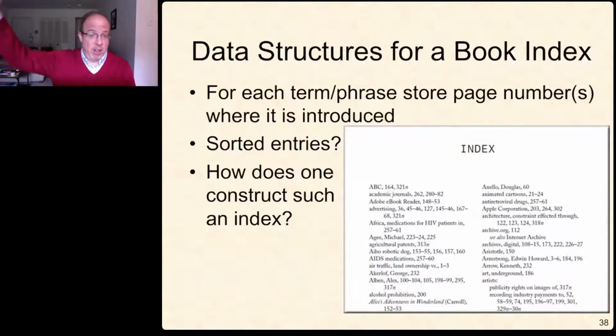At the end, you sort the terms alphabetically, and then you can produce the overall sorted index after you've computed the page numbers. So computing the page numbers using a hash table for each term is relatively fast, and then we're just going to sort it. There's an extra copy step, but hopefully the number of terms is small relative to the size of our book. Otherwise, the index is going to be half of the book.